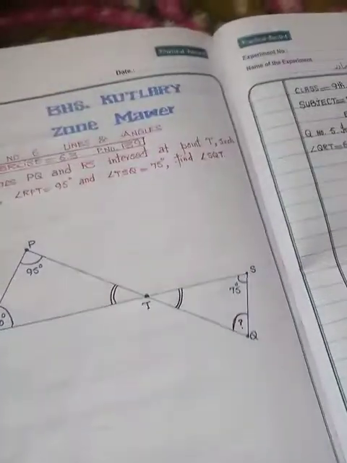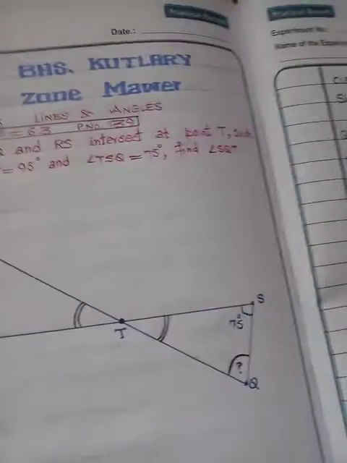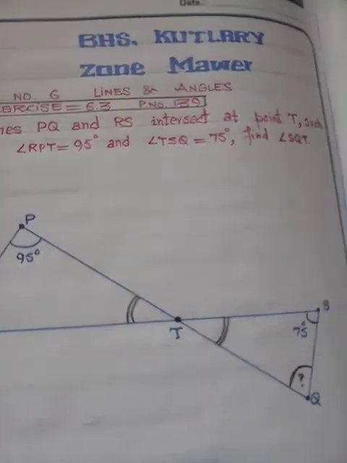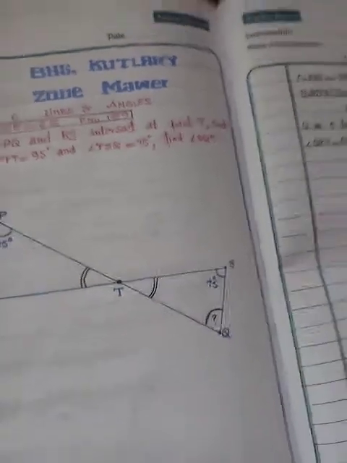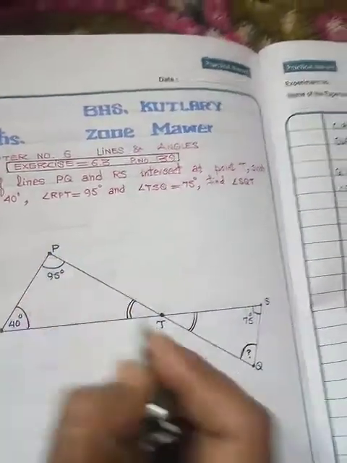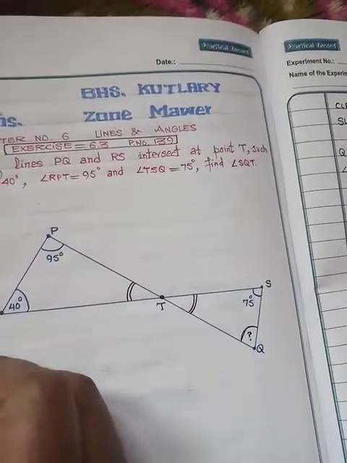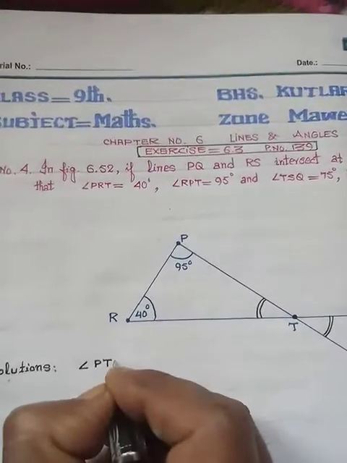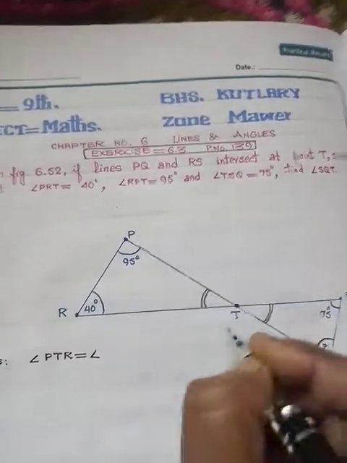Now, first of all, dear students, you know that when two line segments intersect each other at one point, then the vertically opposite angles are always equal. Here we see that angle PTR is equal to angle STQ.